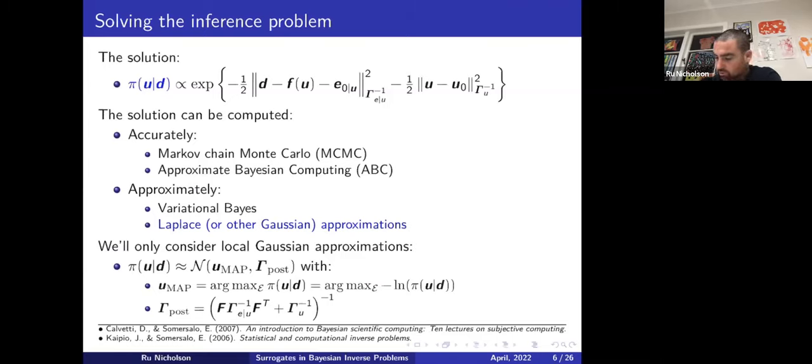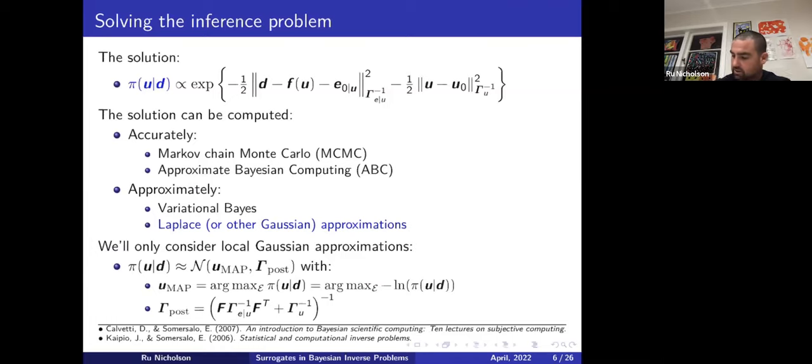And two of the more common approaches are either variational Bayes, which I will not talk about, or constructing a Gaussian approximation to the posterior. There are a large number of choices of Gaussian approximations to the posterior one could take, but one of the most common is the so-called Laplace approximation. And that's what I'll be focusing on, and it's actually a slight variation on the Laplace approximation.